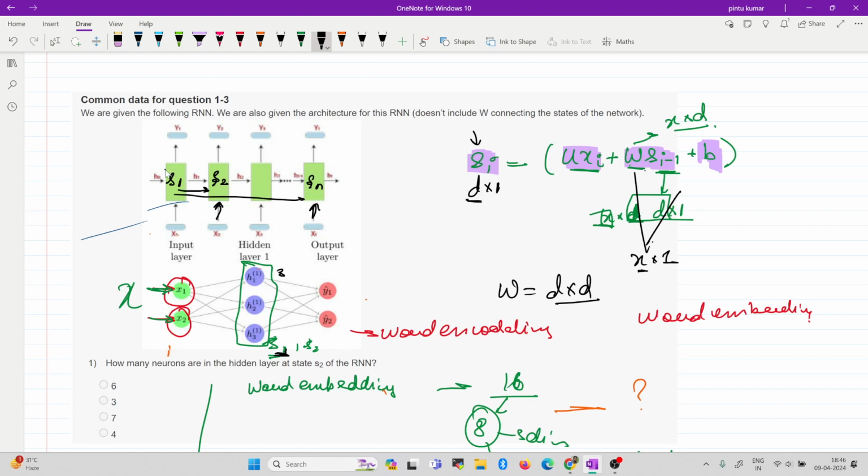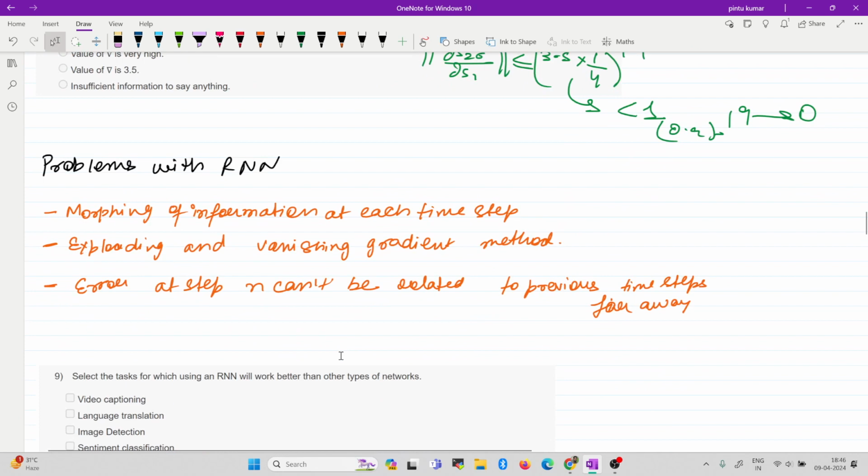So some important information from the initial layers might get lost. So one drawback is that because of the limited size of your intermediate representation, you are morphing your information at each time step. So this is one drawback of RNN. It is simply like adding information.